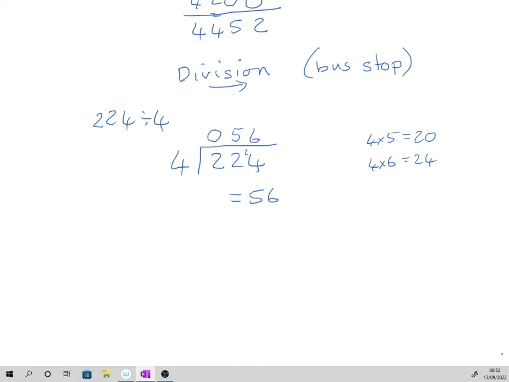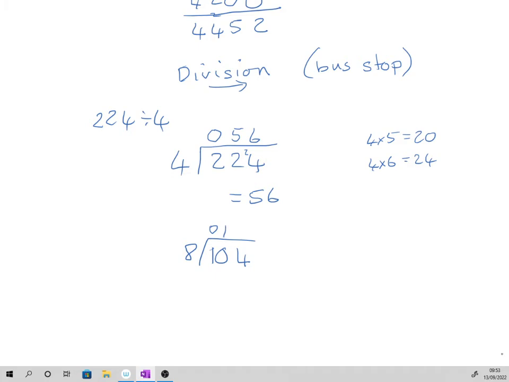Let's do another one. Oh, that's not enough, is it? Let's have a look at 8. So 104 divided by 8. Right. So 8s into 1 don't go. 8s into 10 go once, because 1 8 is 8.